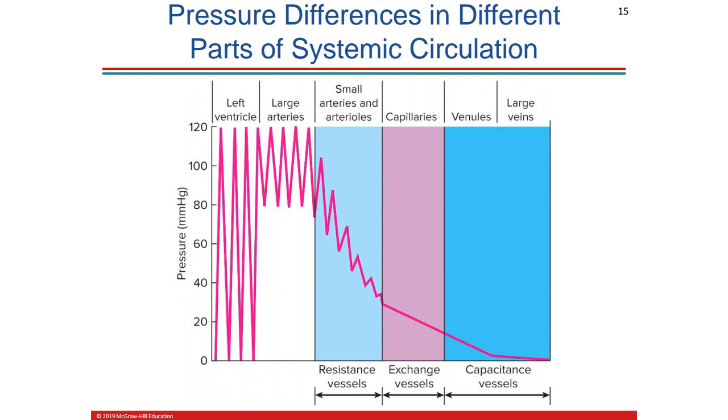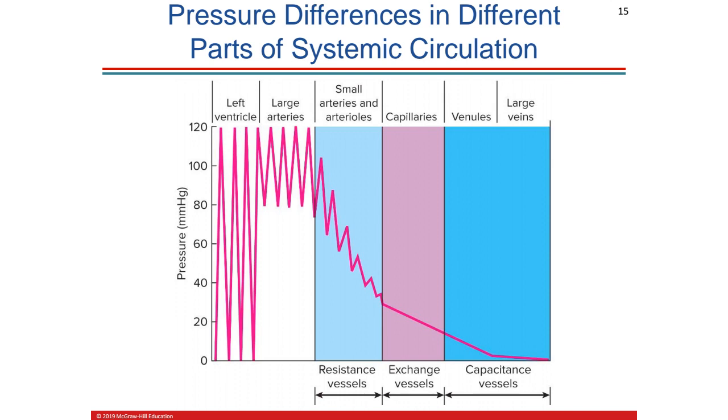That could damage the organs. And by the time we get to capillaries, you see there's pretty much just a steady pressure, which is good. The other thing you'll notice about this diagram is that the pressure decreases most dramatically around the time you get to small arteries and arterioles, and then furthermore as you get into the capillaries.